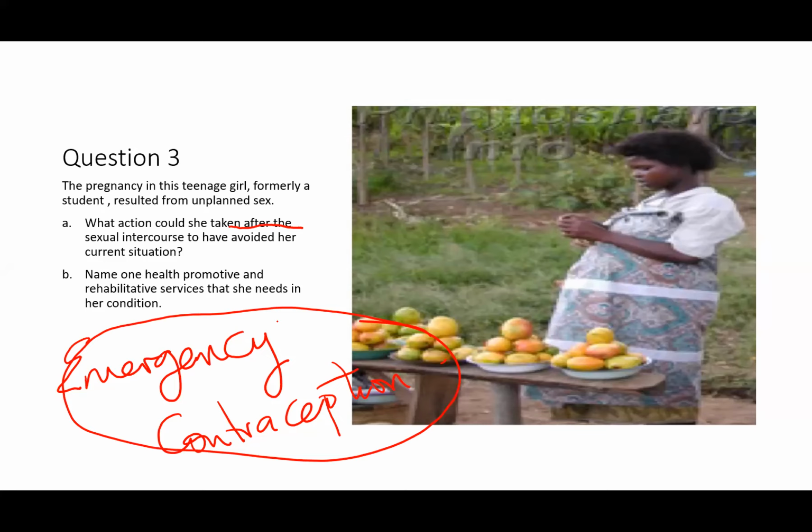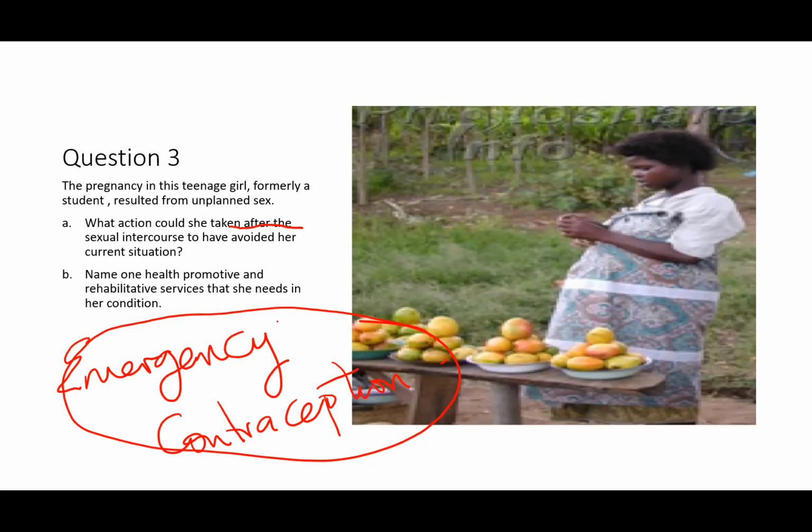Now, name one health promotive and rehabilitative service that she needs in her condition. Of course, it has already happened, okay? So to promote her health, you prevent anemia and other complications that can occur during pregnancy. So you give folic acid and iron supplements, proper and adequate nutrition.